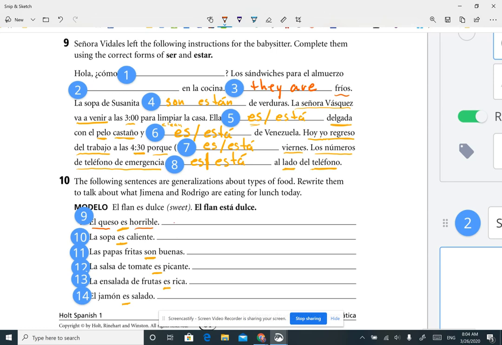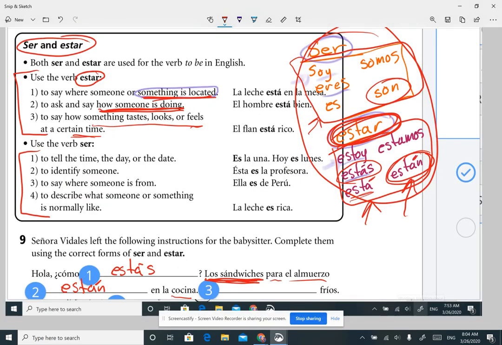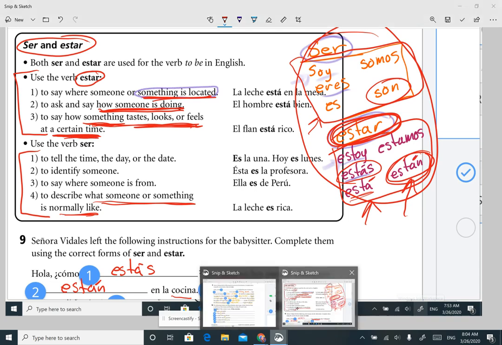What we're going to do instead is say the cheese is horrible, as in this cheese in that moment. Remember, going back to our list, if we use a ser verb, it's describing what someone or something is normally like. So cheese is horrible in general. But if we use an estar verb, now we're saying what it looks like or feels like at a certain time. So now we're saying this cheese at this time is horrible.